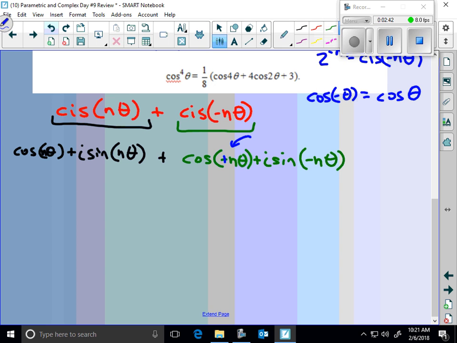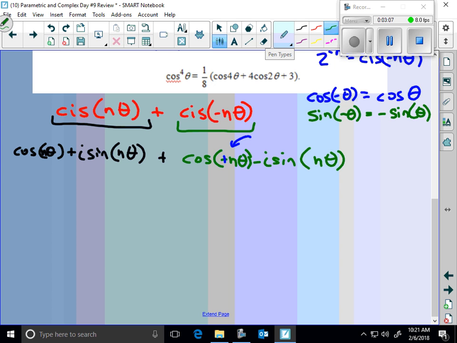Sine is not an even function. Sine of negative theta is equal to negative sine of theta because it's an odd function. So the negative goes along with the sine and comes out as a negative out in front here.